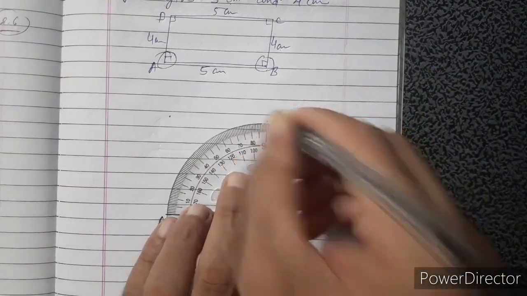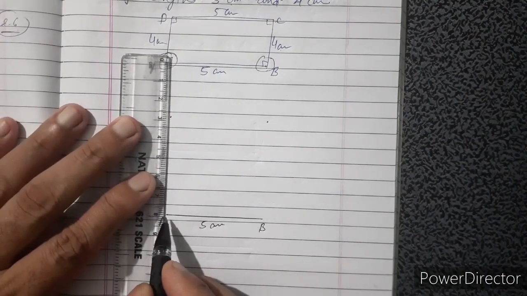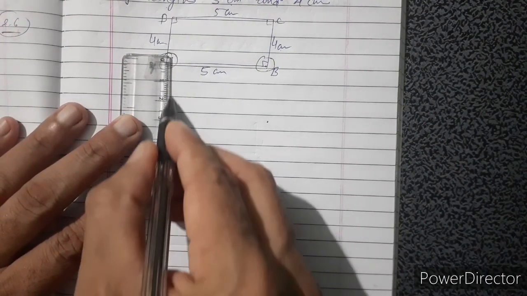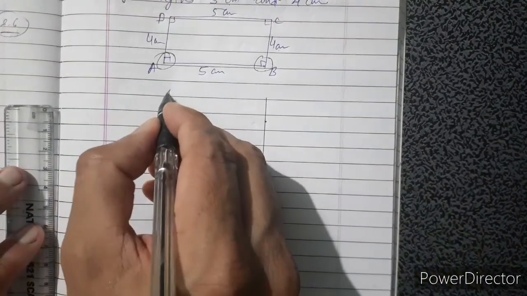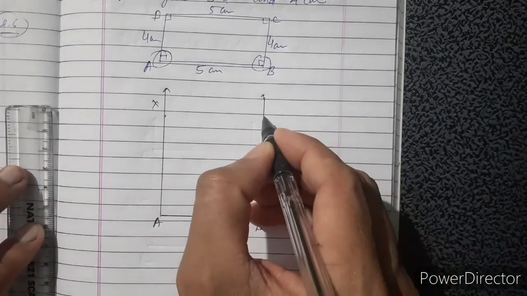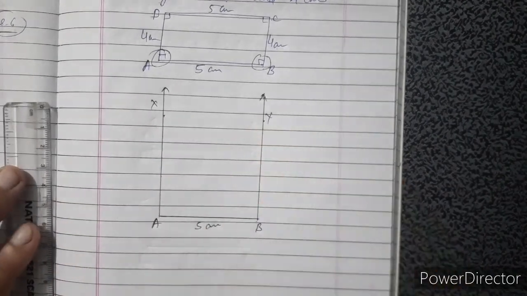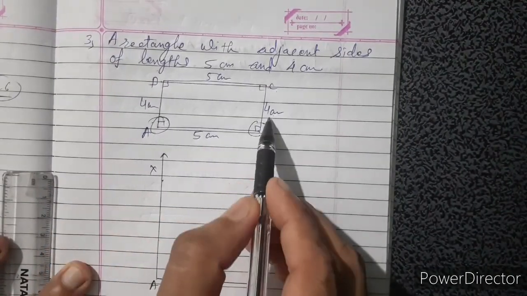Okay, like that, and then draw rays passing through those points. The first one is AX and the second one is BY. Now AD equals 4 centimeters and BC is also 4 centimeters.